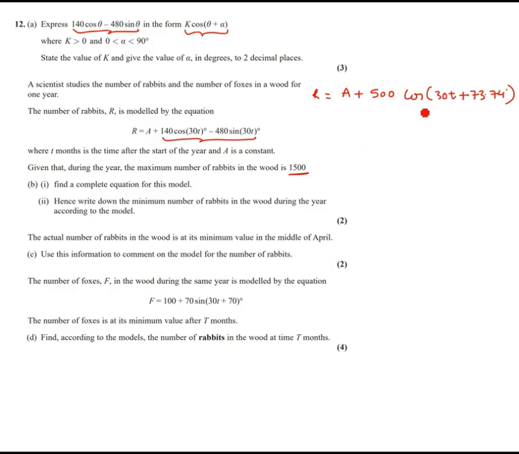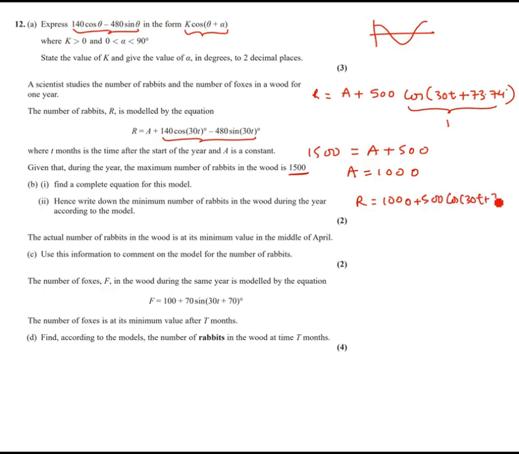The maximum will be when the cos graph is at its maximum value of 1, the minimum value being -1. So R is 1500 when this is 1. So this will be a plus 500 times 1, so it's just 500. That means a is 1000. So the complete equation for part a will be R equals 1000 plus 500 cos 30t plus 73.74 degrees.